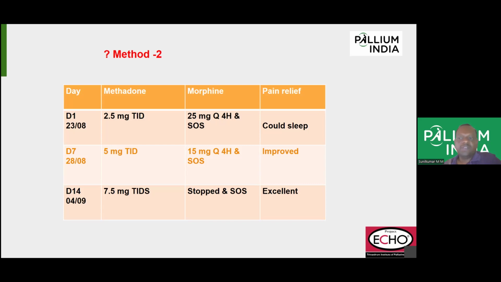That was the type of pain relief she achieved. So on day 14, we gave the full dose of methadone, that is 7.5 milligram TID, and stopped morphine. This patient had excellent pain relief until she died.